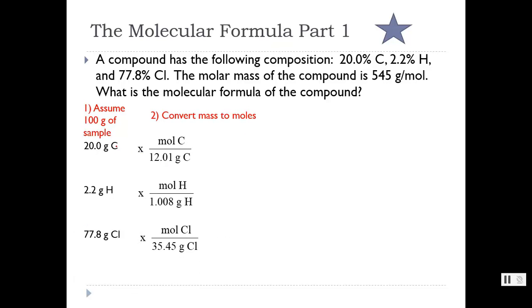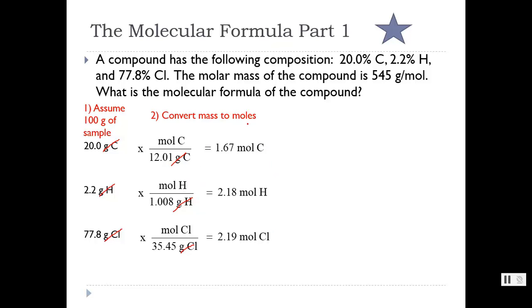It's on your periodic table. Again, written appropriately as a conversion factor so you can see your units cancel. And then doing that division gives you these number of moles. So second step, convert your mass to moles.